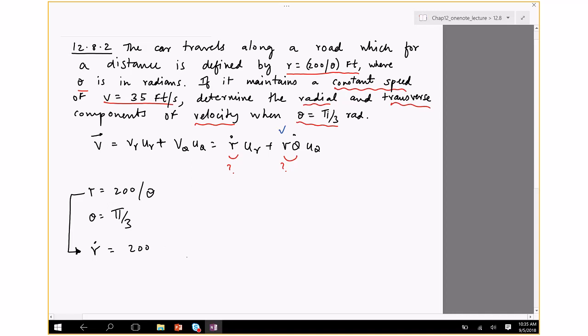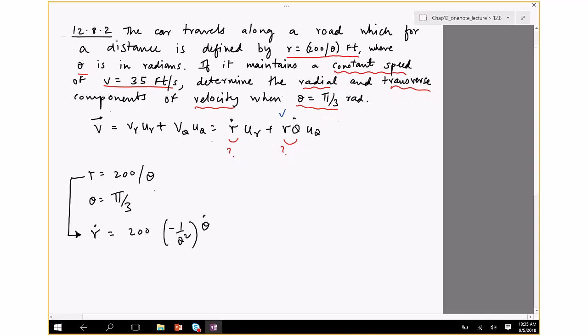I need to take the derivative of 1 divided by theta with respect to time. First I differentiate 1 divided by theta with respect to theta, so that will be minus 1 divided by theta squared. And then I need to differentiate theta with respect to time, so I would have theta dot. So that's minus 200 theta dot divided by theta squared.